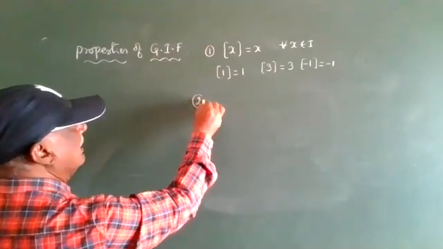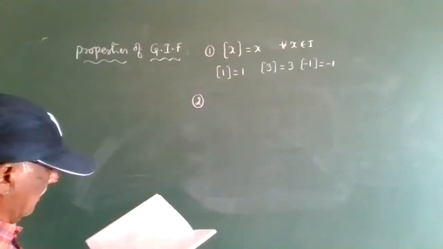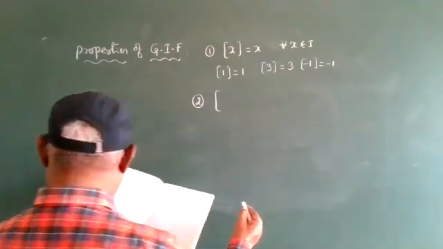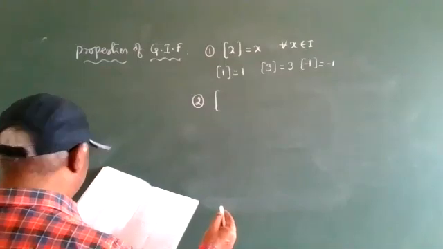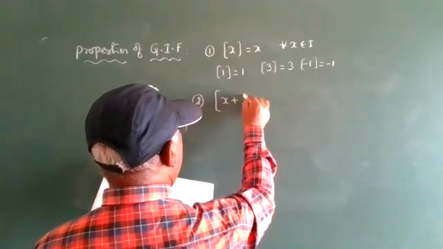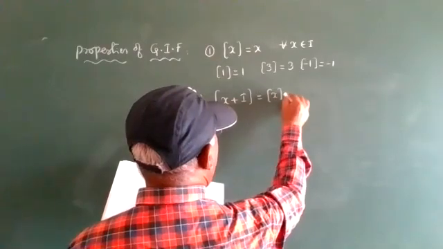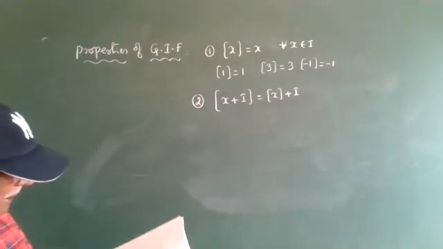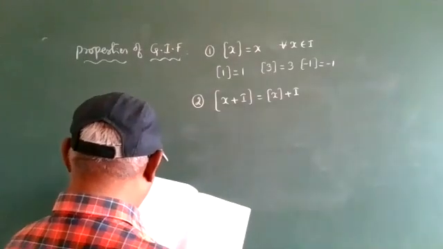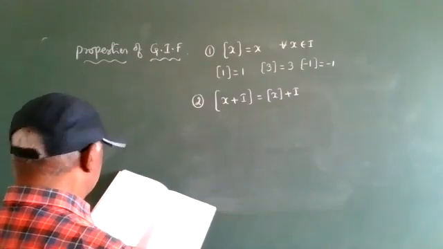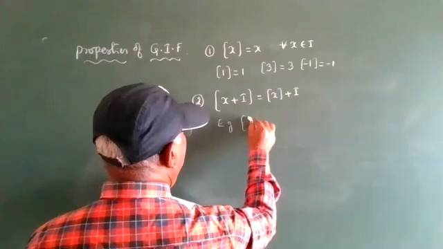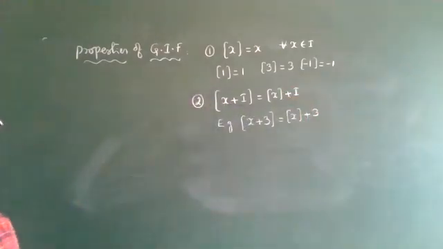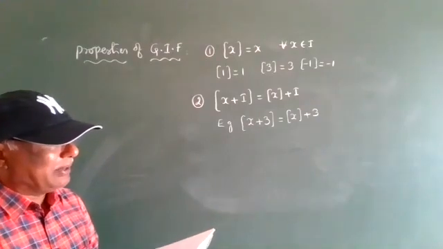Second property: step of x plus I should be separated as step of x plus I. For example, if step of x plus 3 is given, we should write step of x plus 3 separately. The constant should be separated for this function.